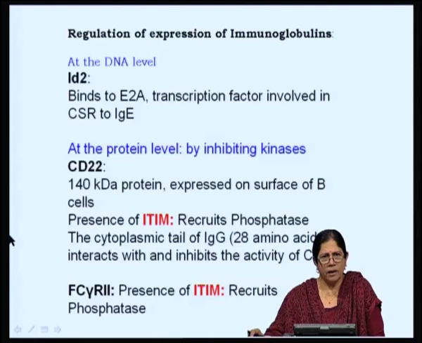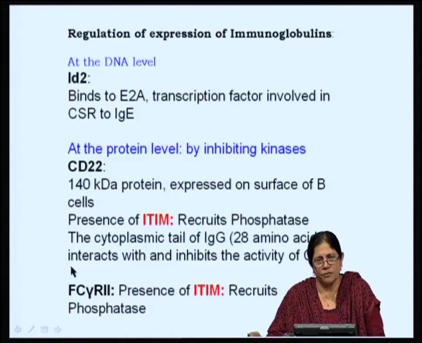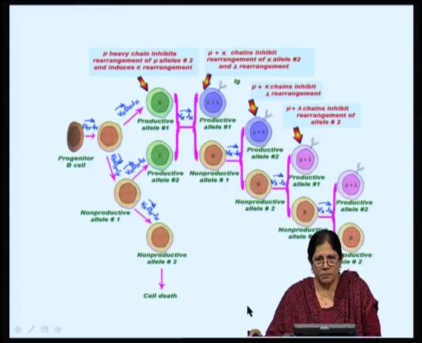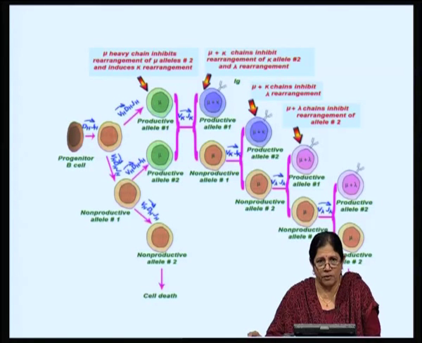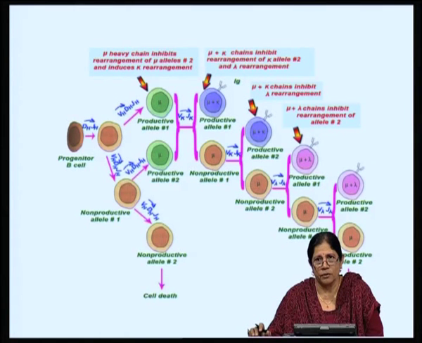So, there are a score of different molecules, both at the DNA level as well as at the protein level, which ensure that the antigen receptor mediated activation of B cells, and the synthesis of antibody producing plasma cells, can be modulated such that the immune response does not go haywire.